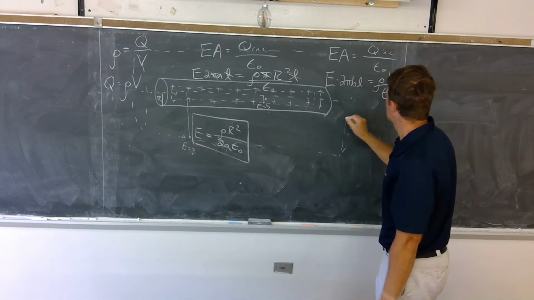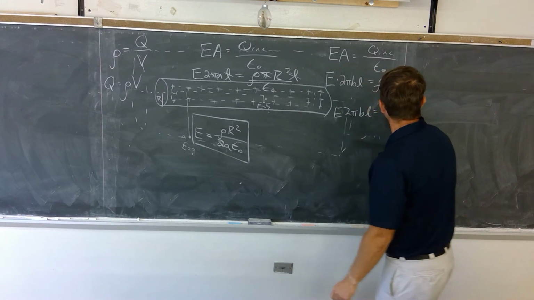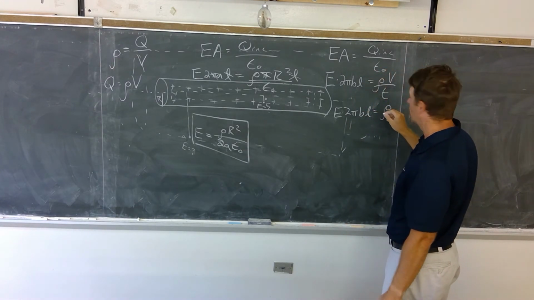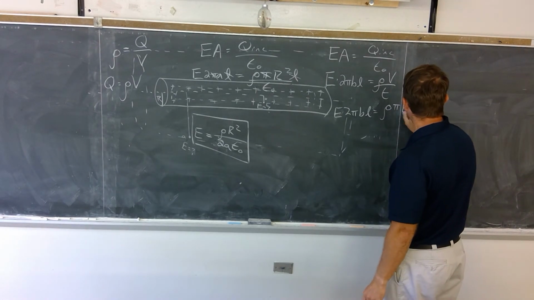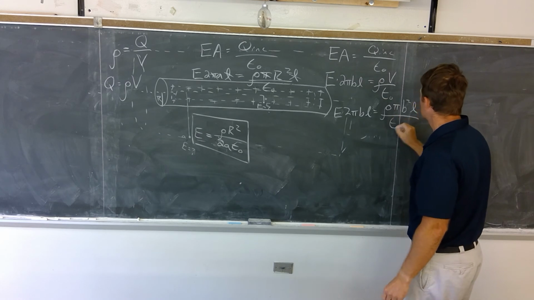So here, E times 2 pi BL is equal to rho times the volume, which is pi r squared times L, but in this case, it's pi b squared times L all over epsilon naught.